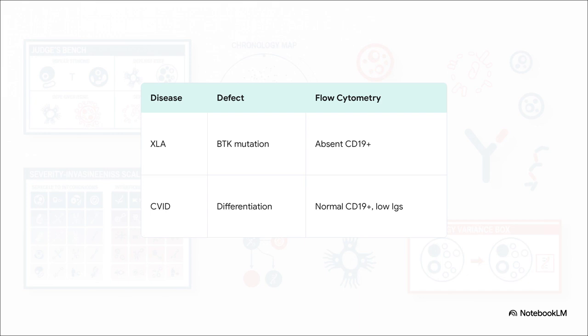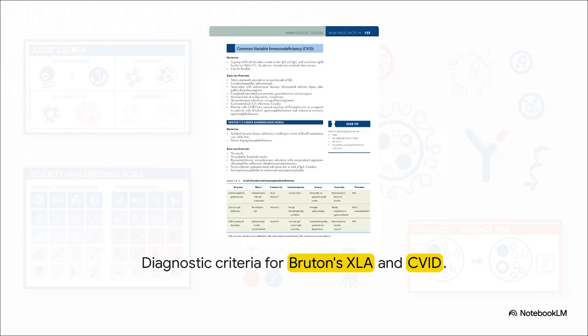Because of these distinct mechanisms, flow cytometry tells two entirely different stories. XLA is going to show an absolute absence of CD19-positive B-cells in the peripheral blood, 0. But CVID actually shows normal numbers of those CD19-positive B-cells, but they're dysfunctional, which is what leads to those low immunoglobulins.